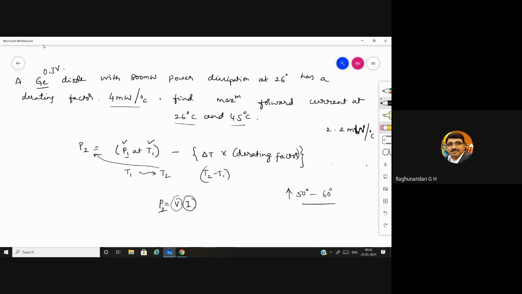Now substitute in the above equation and let me know what is the value. 800 milliwatt minus, for delta T, 45 minus 26 into 4 milliwatt per degree Celsius. Use your calculators.